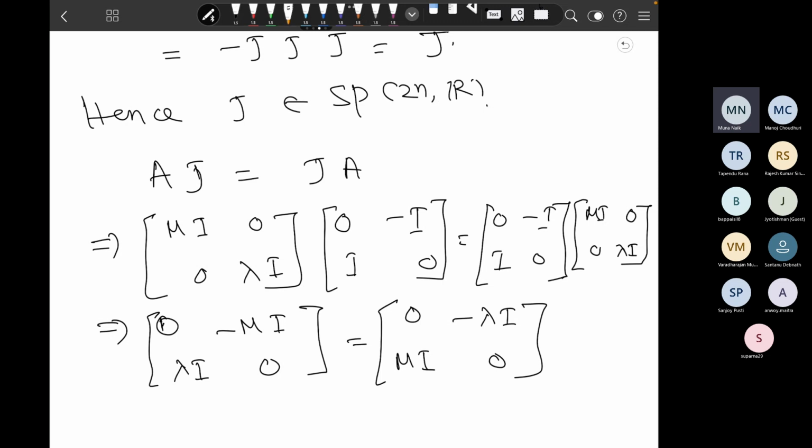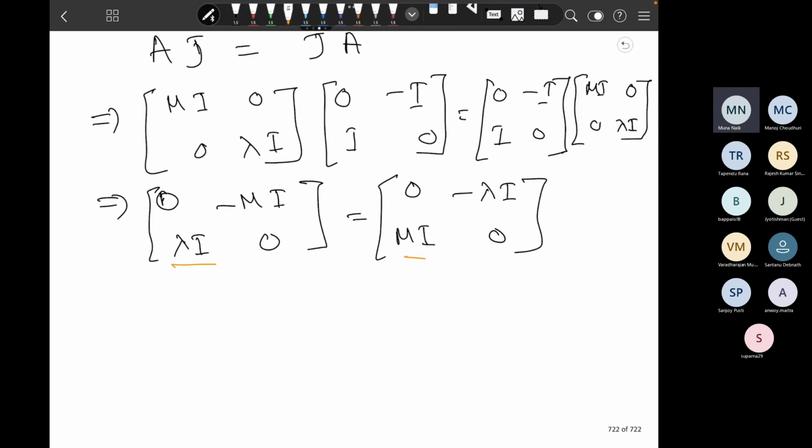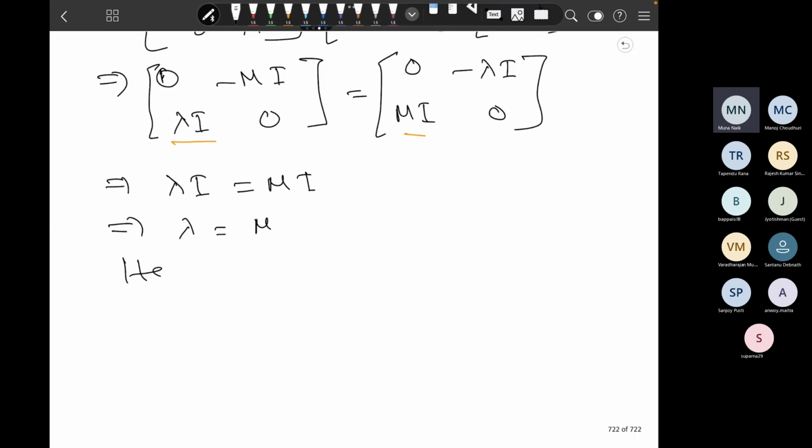Now look at this expression, lambda I and mu I. So this implies lambda I is equal to mu I, that is lambda is equal to mu. Hence A is equal to lambda I.